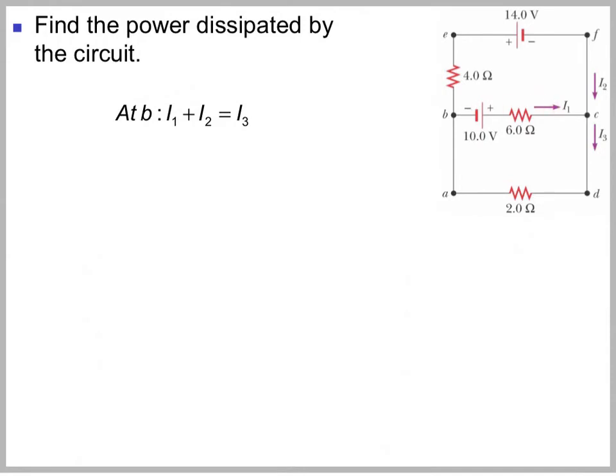So I1 plus I2 has got to equal I3. So there's one equation. Now I can do this at the other junction at C. And at C I have I1 and I2 coming in and I3 coming out. So I get no new information here. So now I've depleted all my junctions, so now I need to go to the loop rule.